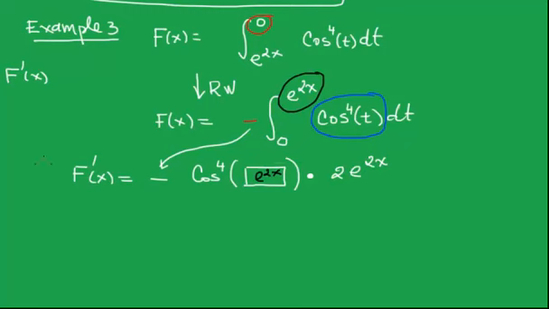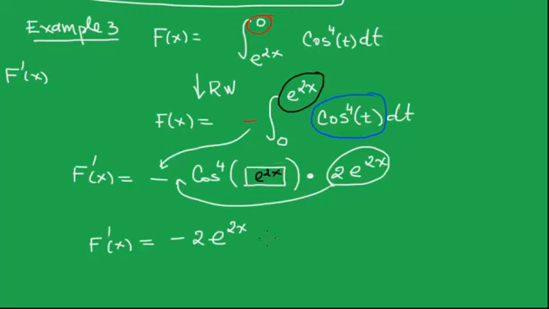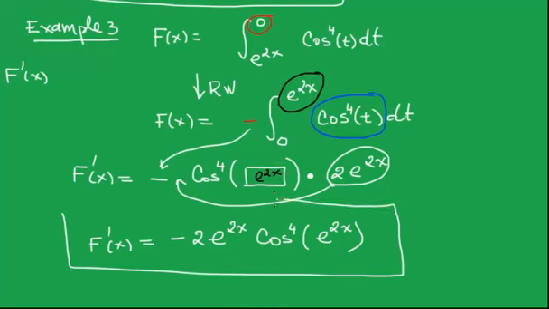So if you're rewriting this properly by bringing this expression up to the front, then we have f prime of x is equal to negative 2e to the 2x times cosine to the power of 4 of e to the 2x, and that's the derivative of the function.